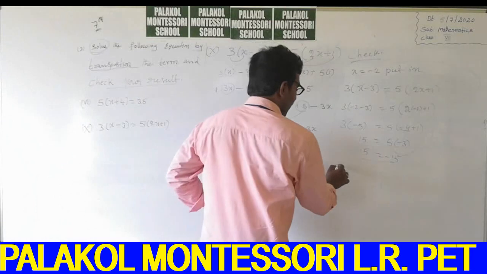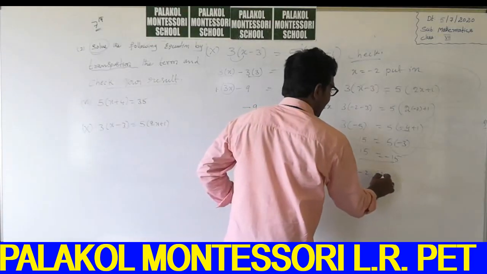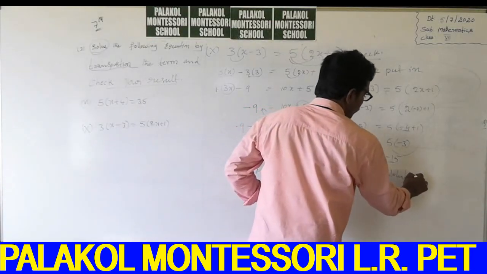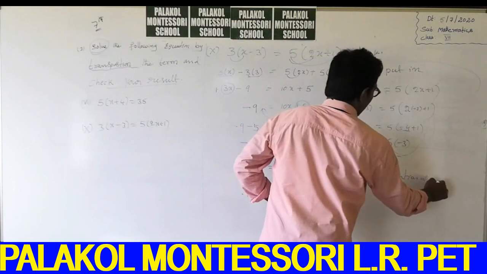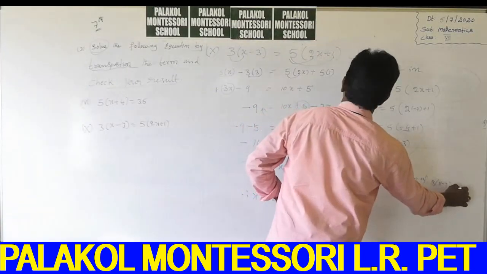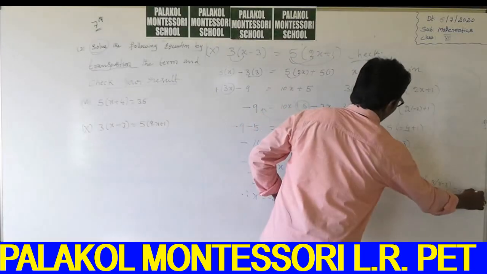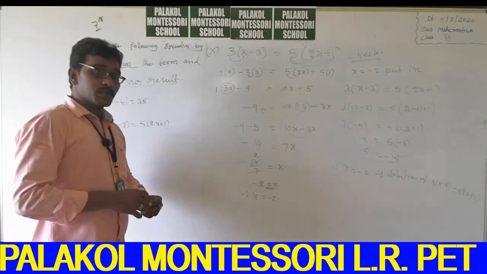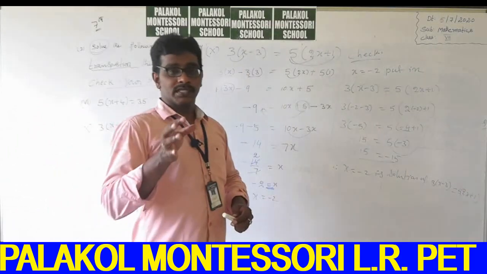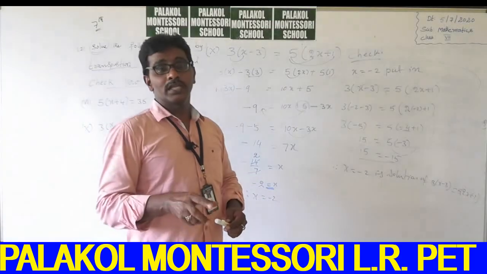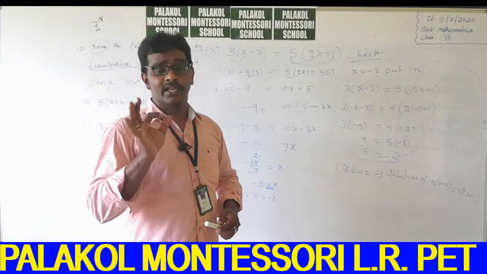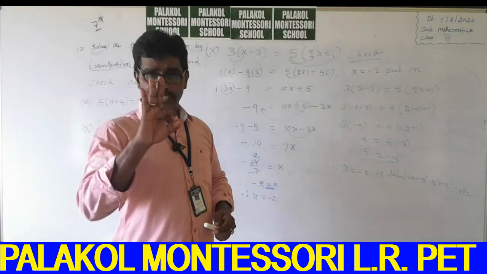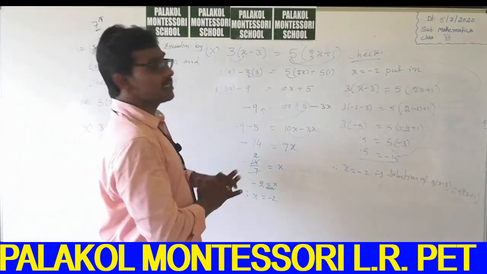That means x equal to minus 2 is a solution of 3(x - 3) = 5(2x + 1). Okay? Clear? Without transposing sum is over, transposing sum is over, model sum is over, and LHS or RHS identification sum is over. I have completed 3 models in this chapter.